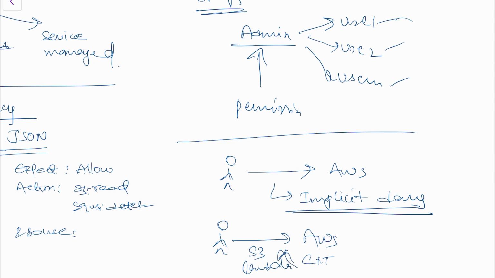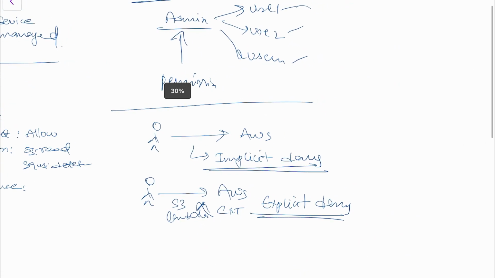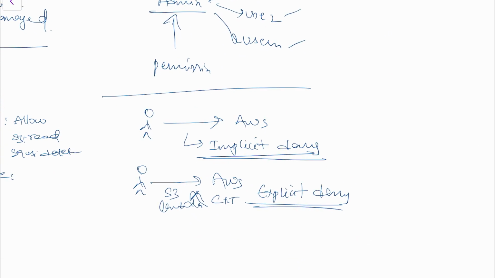That's called explicit deny, which means this user is explicitly denied access to a certain AWS resource or service. And if you have, say, 5 IAM policies in a role, or you have assigned 5 IAM policies to a user, if there is any deny, then the user would be explicitly denied.